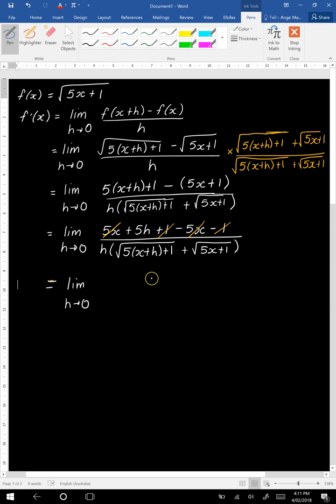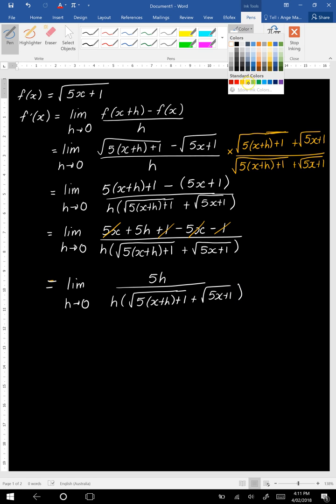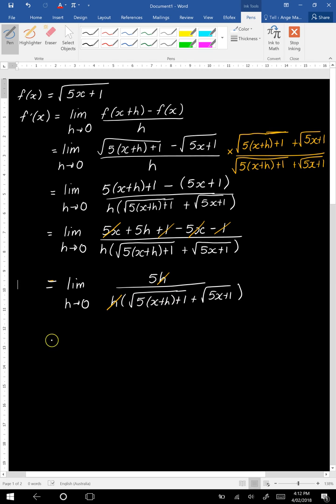Okay, so what's left on the top line is 5h all over h. Plus 1. Okay, so what's going on here? Finally, the h's cancel, and once the h's have cancelled, now you can actually replace the remaining h with 0.